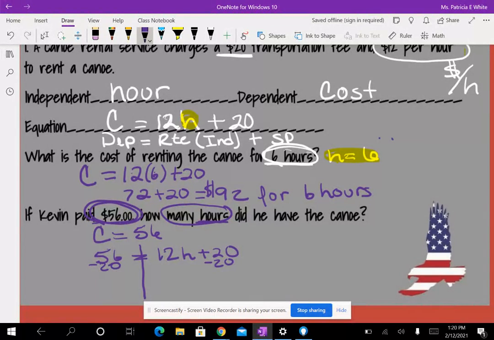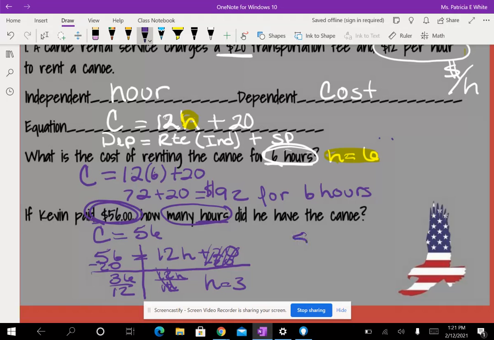You guys did really well at your two steps. You know how to do this. So 12H equals 36. 56 minus 20 is 36, and 20 minus 20 makes that go away. Dividing by that 12, that's gone, and H is going to equal 3.